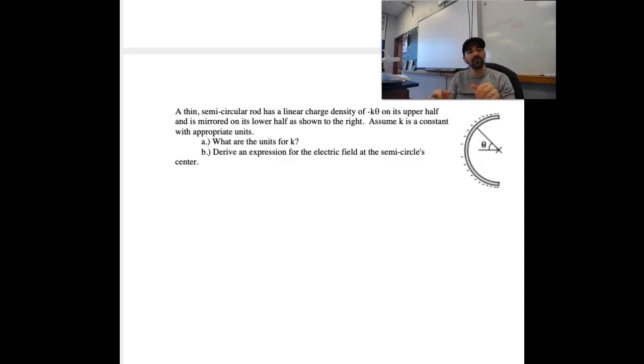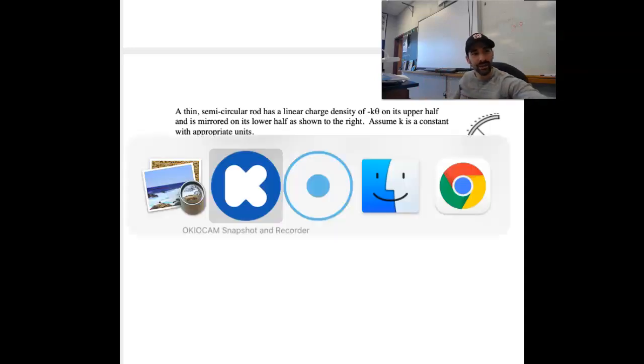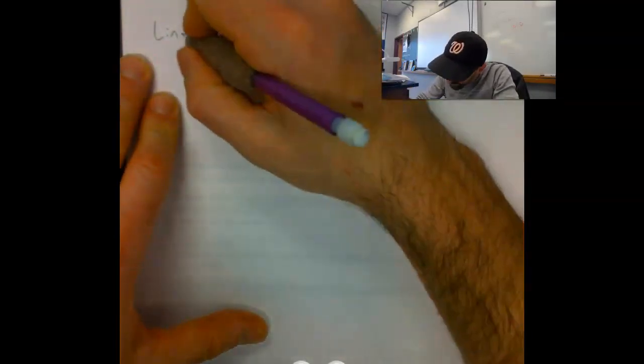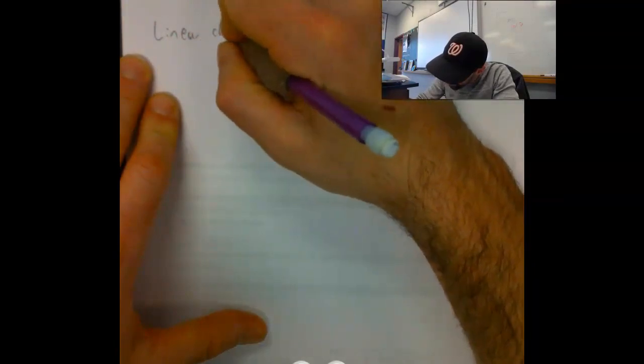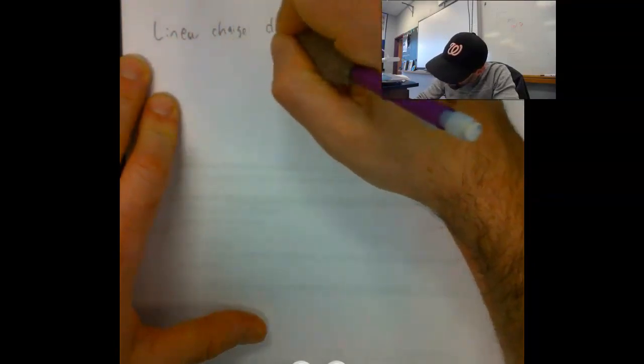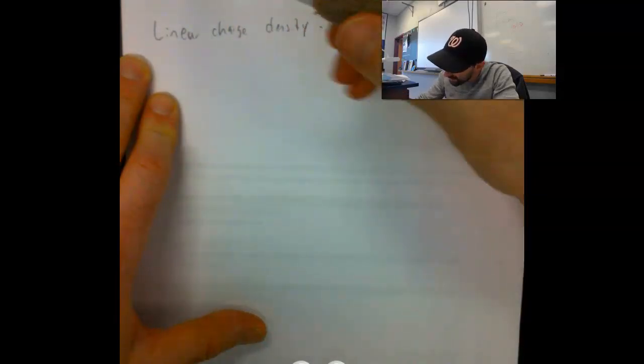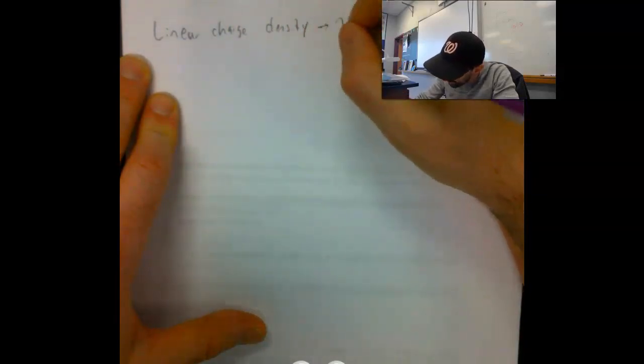Okay, so now that you've written down all the important information, let's go to a clean sheet of paper and let's begin. So again, the problem told us we have this semicircular rod, and the semicircular rod has a linear charge density. Now I remember right away, linear charge density is brought to us by the Greek letter lambda.